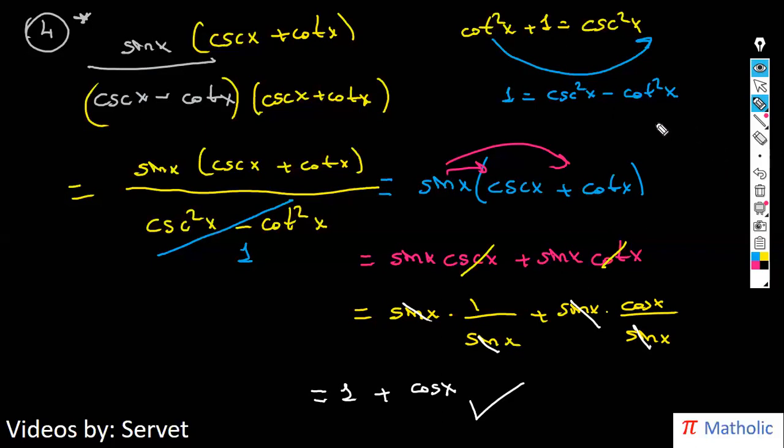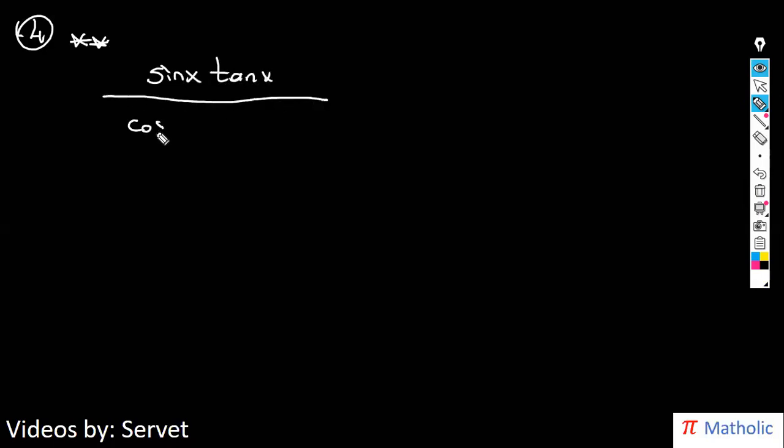Let's check the last example. Part 4 and last example. Let's look at this example. Sine x times tangent x over cosine x plus 1.